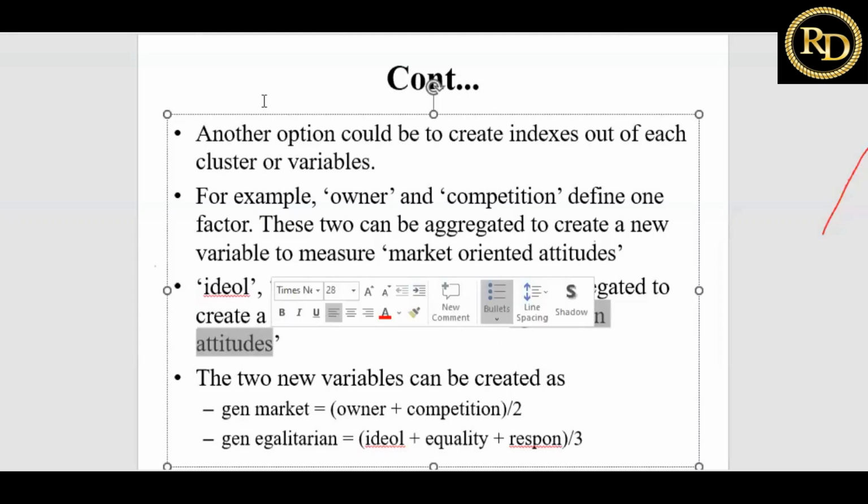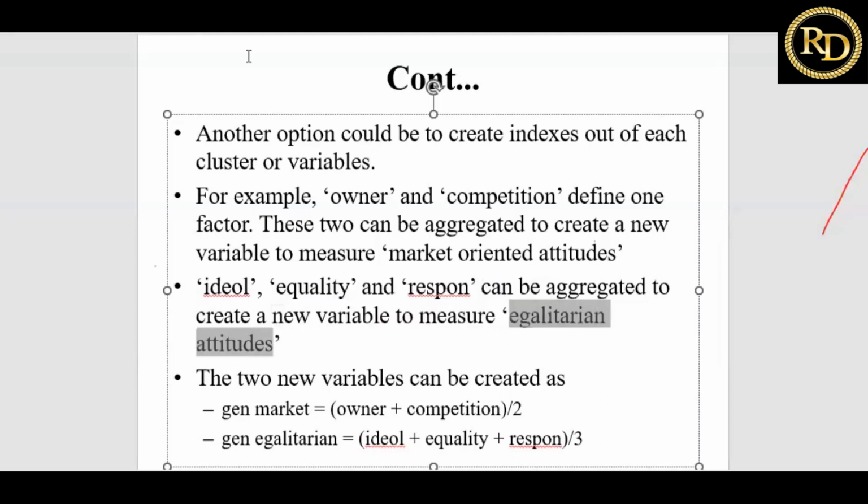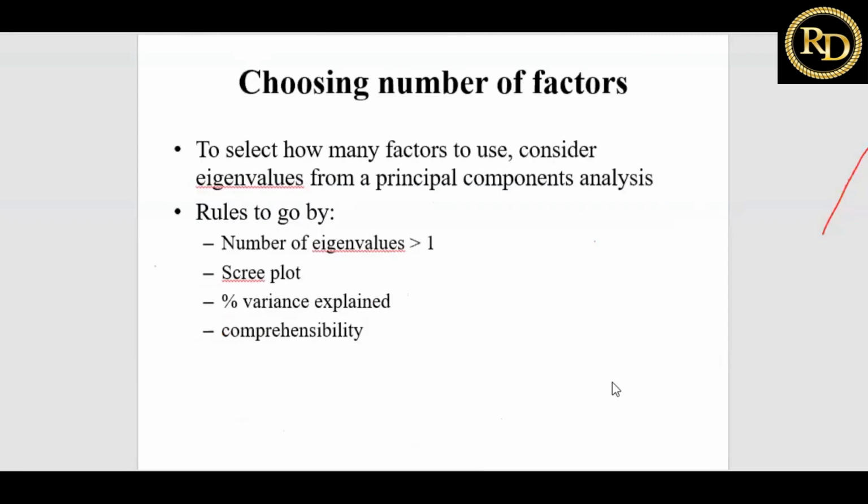So these two new variables can be created, the general market and general egalitarian, or maybe you will have 3 variables.